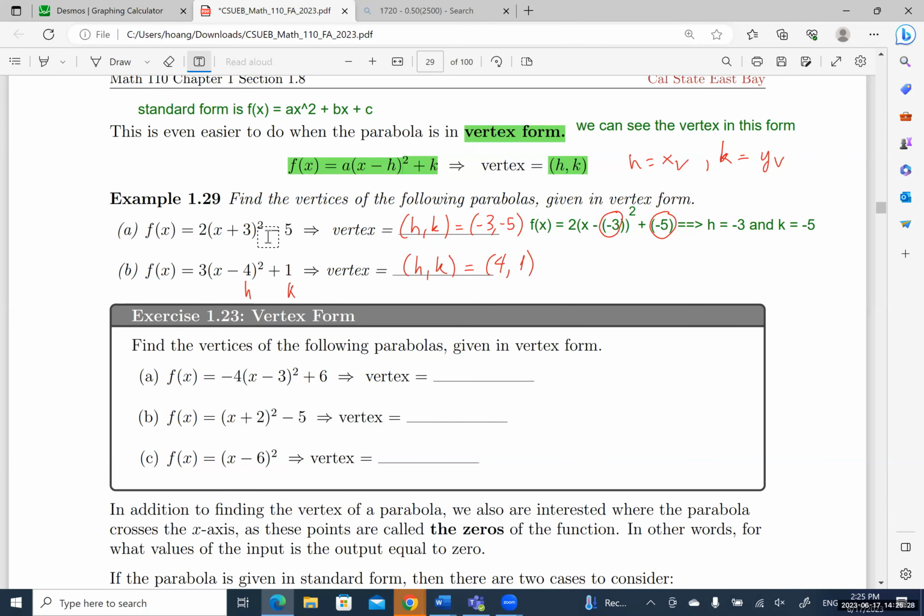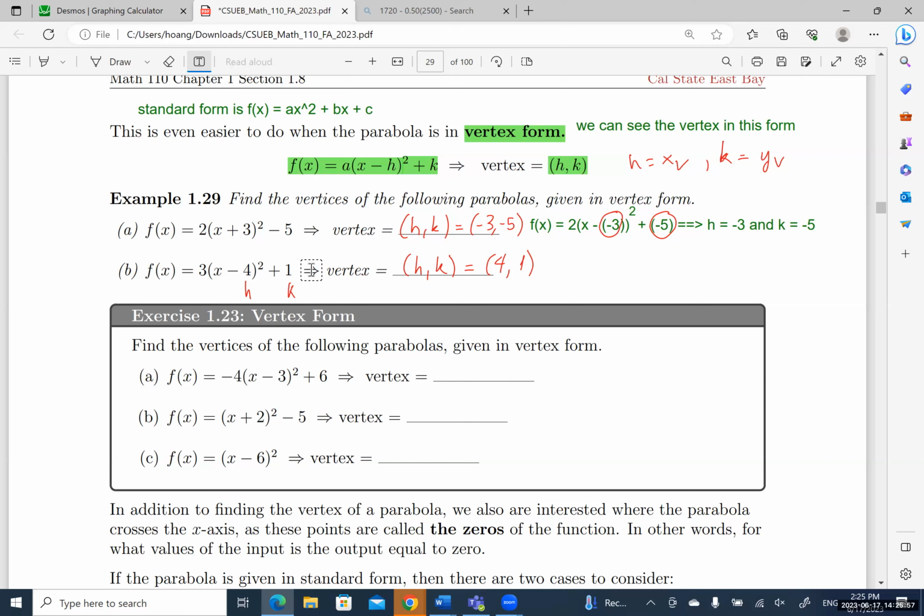And similarly, if you subtract instead of plus, you can flip the sign of the negative here to be the k. So that's gonna be it.